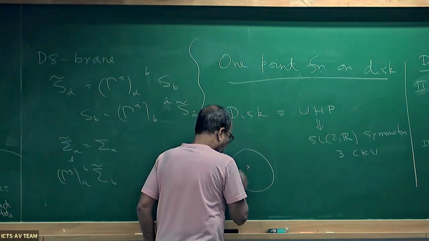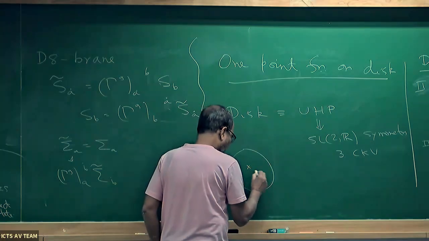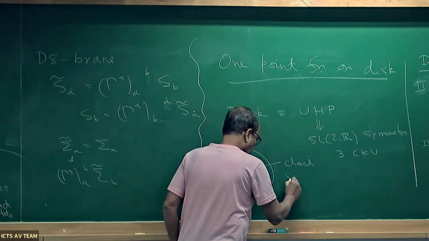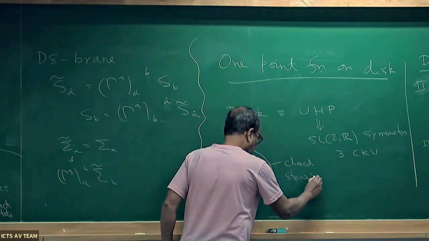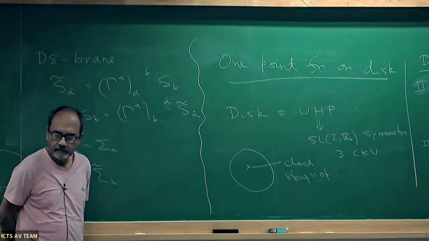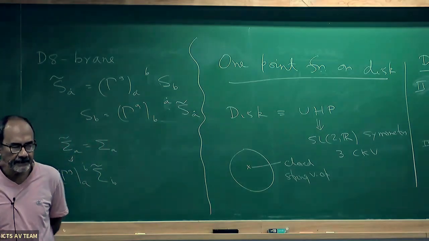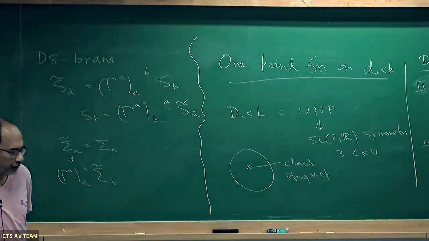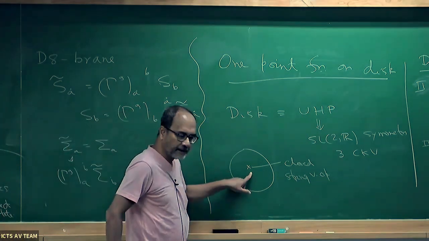If you insert the 1-point function here, this is the closed string vertex operator. That's what we are calculating, the 1-point function of the closed string vertex operator. This fixes two of the conformal Killing vectors because you have to specify the position of this closed string vertex operator.